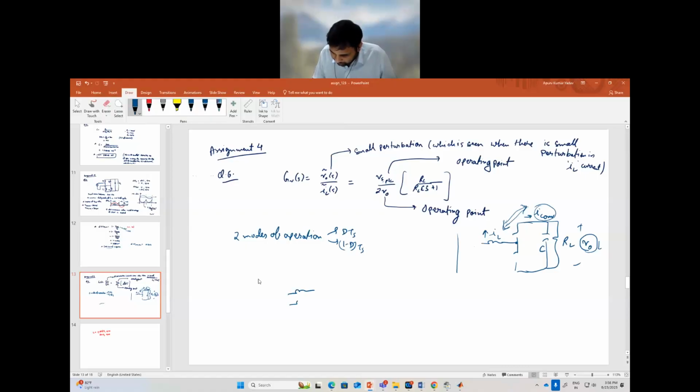If you see this one, if I assume this is my fictitious O point, then from this side the value I will get between VAO and 0 is nothing but an AC quantity.